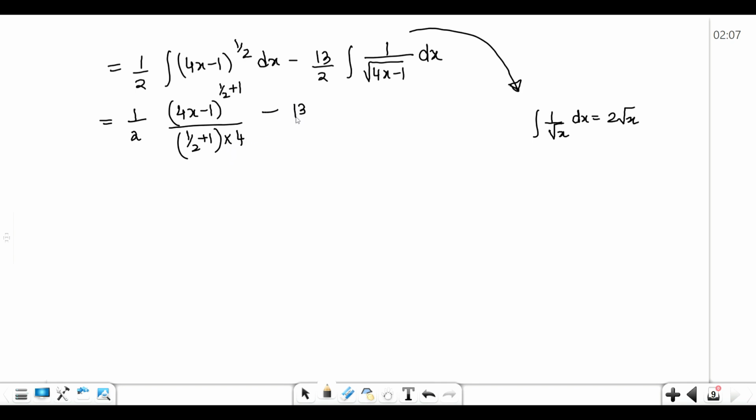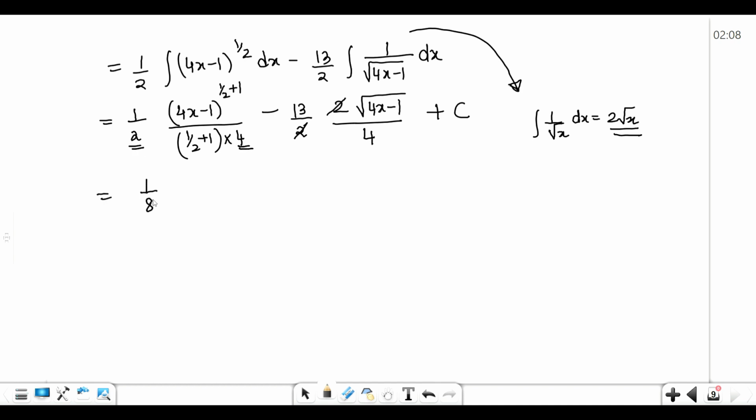And here we have a 1 upon square root of x, we'll treat this as x, so that gives you 2 root x. So here also we have 2 root of (4x - 1). Since here also the coefficient of x is 4, we will divide this by 4, the whole plus c. Now the 2 and 2 will get cancelled here, and this 2 and this 4 gives you 8.